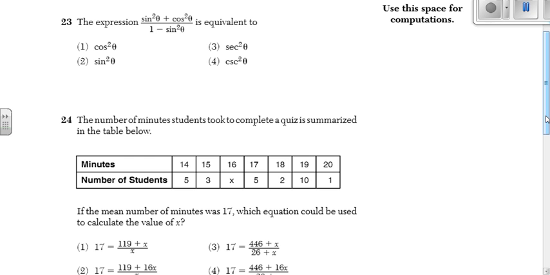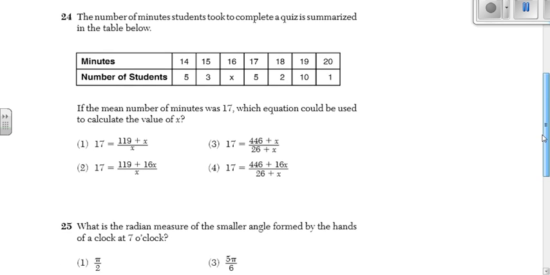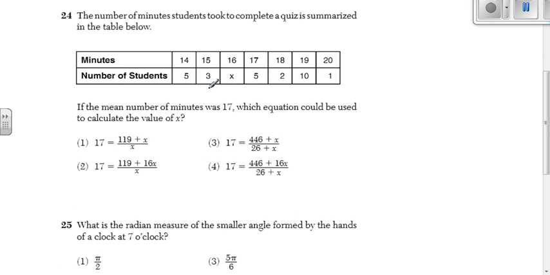Proof. We have the identity up top, so everybody should be recognizing that that's 1 over cosine squared. And 1 over cosine squared is secant squared. And the number of minutes is summarized below. The mean is 17, which could be used to calculate x. So 14 times 5 is 70. That's 45. That's 16x.